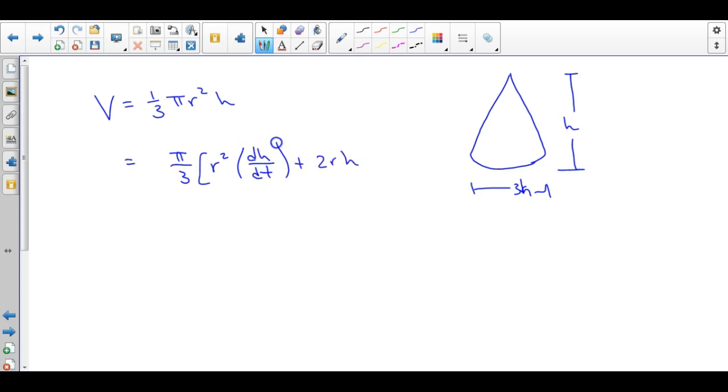plus 2rh dr dt. And what's going to happen when we get these problems is sometimes you'll be given only a height value and you won't be given the radius. However, the diagram is there for a reason. The diagram tells you distinctly that our diameter is 3 times the height. So if I were to write an expression for radius, it would be half this value.